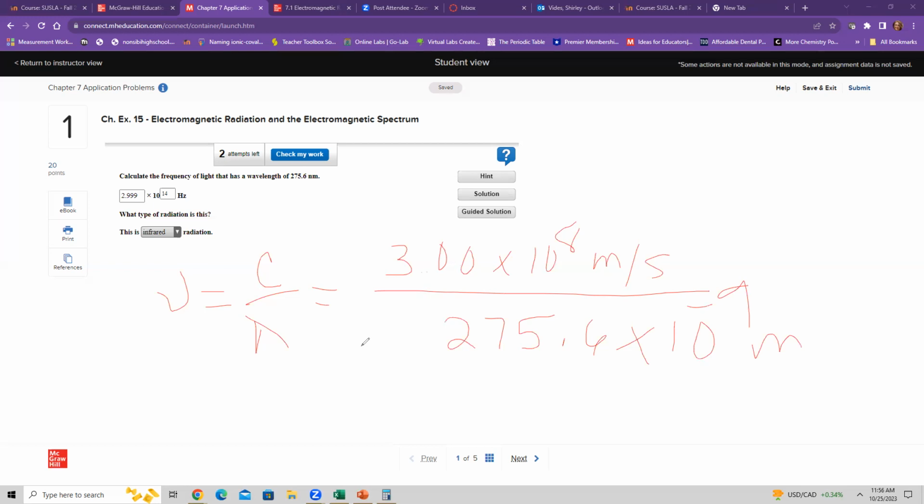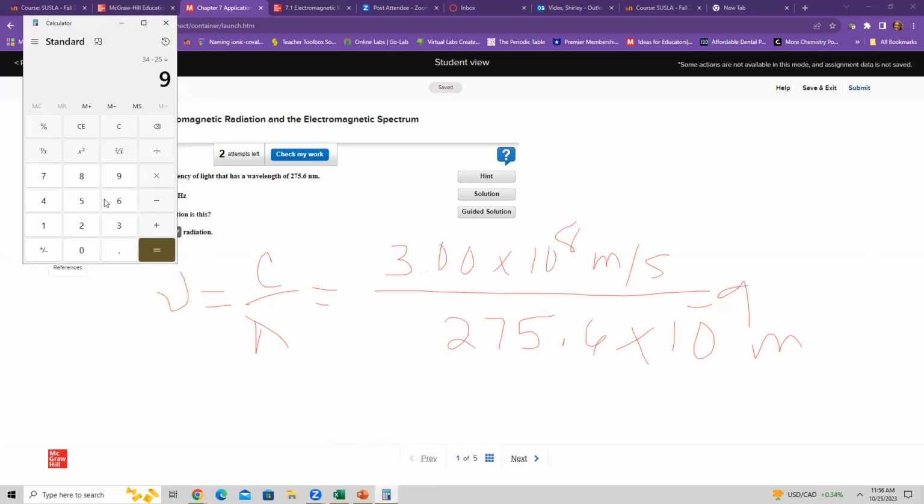Okay, so we divide 3 by 2.756. That's easy enough. We did it already, but I just want to redo it. 3 divided by 275.6 equals. And there's the answer.